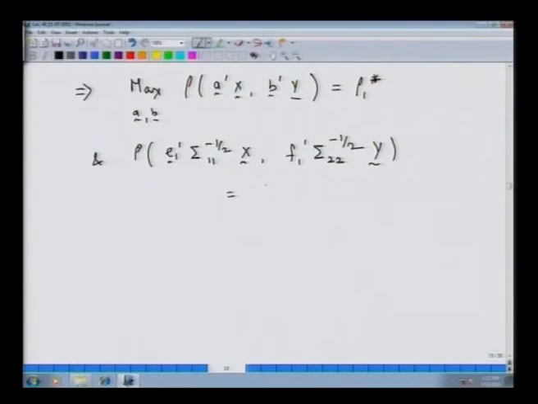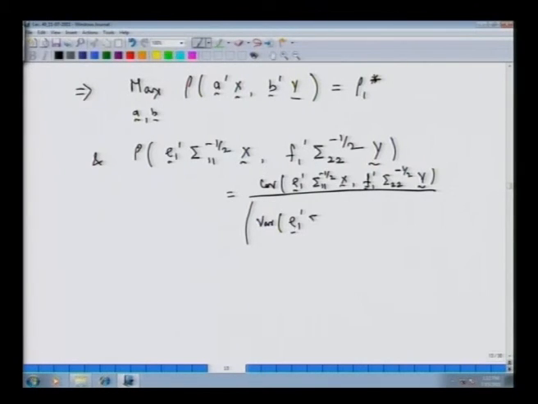So, this correlation is equal to the covariance between E 1 prime sigma 11 to the power minus half times x and F 1 prime sigma 22 to the power minus half times y, divided by the variance of the respective terms: the variance of E 1 prime sigma 11 to the power minus half x, into the variance of the other term, which is F 1 prime sigma 22 to the power minus half times y.